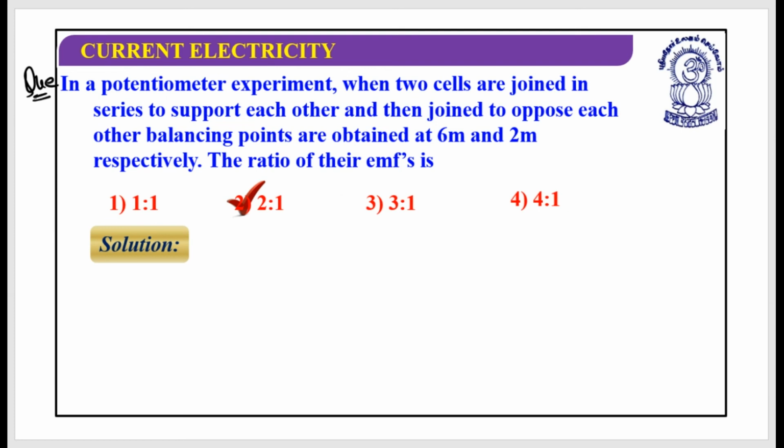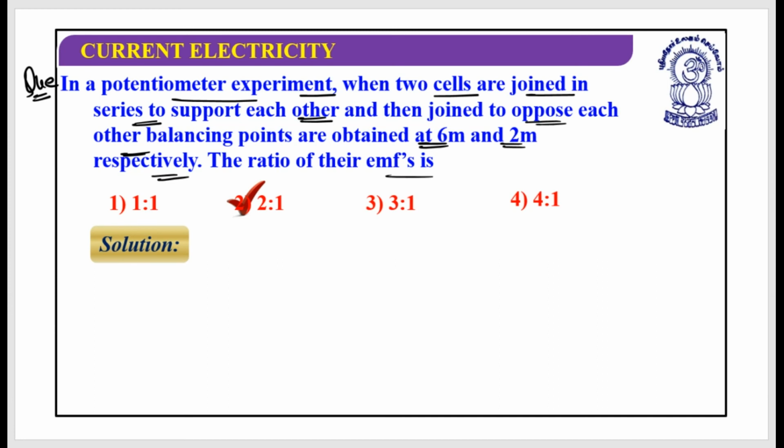Let's look at this question. In a potentiometer experiment, when two cells are joined in series to support each other and then joined to oppose each other, balancing points are obtained at 6 meters and 2 meters respectively. The ratio of their EMFs. Very good question.